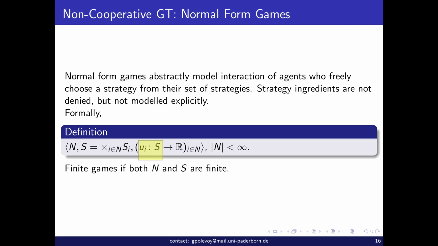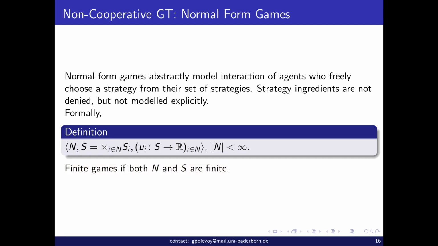And we assume always, unless I tell you now we assume something else, but probably we won't have it, that N is finite, and if we also assume that S is finite, so all the strategy sets are finite, then we call the game finite. We can work with other games.